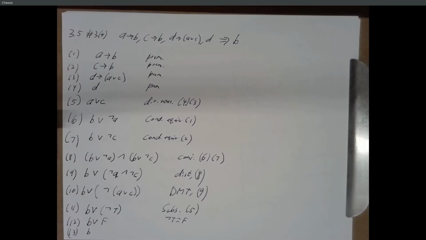Identity law. And that's what we were asked to show. So there's a simple 13-step proof. And it's pretty devoid of intuition, to me at least. Right? We're just grabbing these things and putting them in and hoping that something simplifies down eventually.